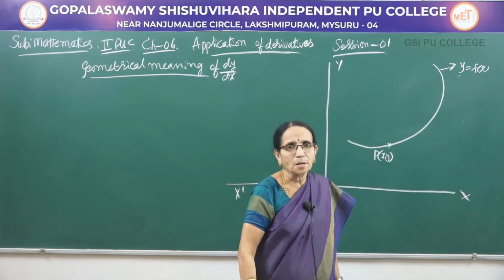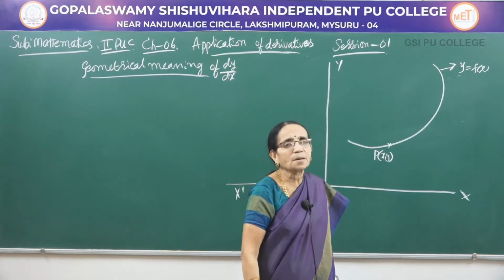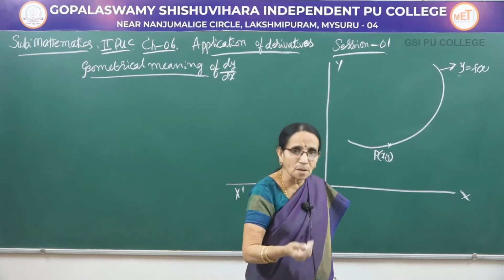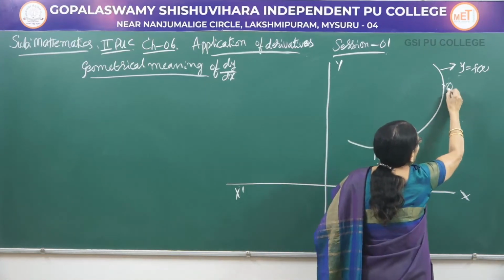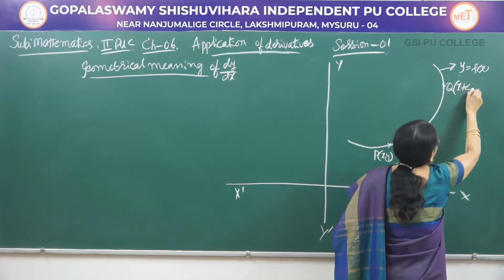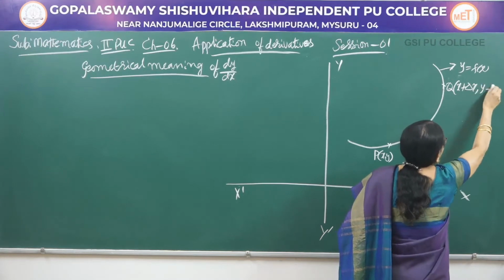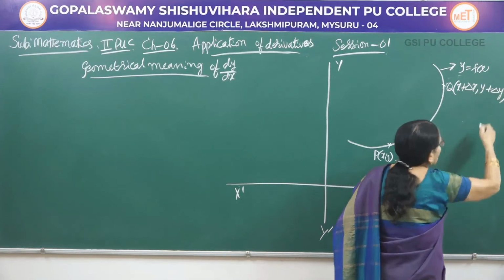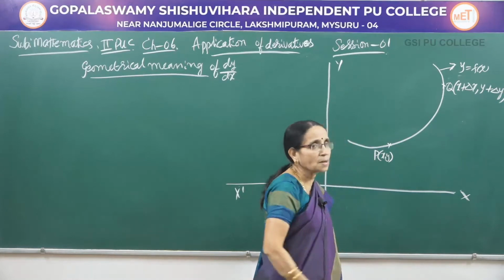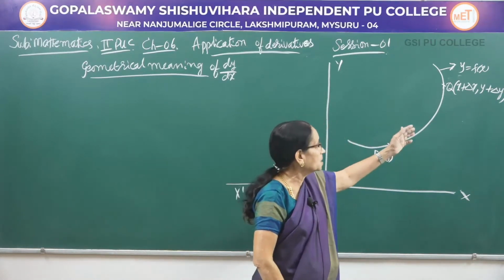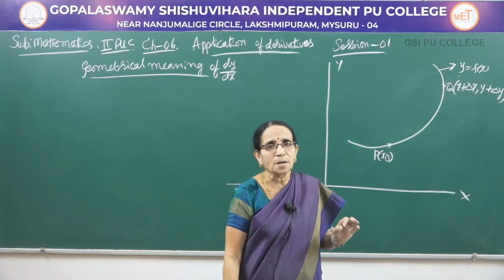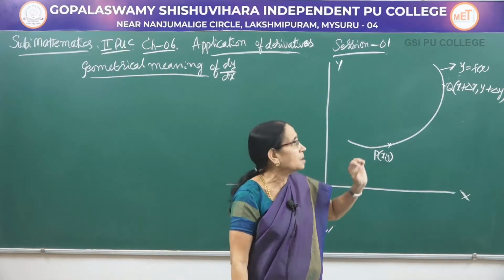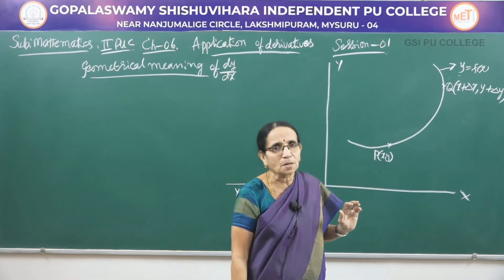I am taking a point P having the coordinates (x, y). Now, another point I am taking as Q, whose coordinates are (x plus delta x, y plus delta y). When I started calculus, I gave you the meaning of delta x, delta y. They are nothing but small quantities, small increases in the values of x and y respectively.